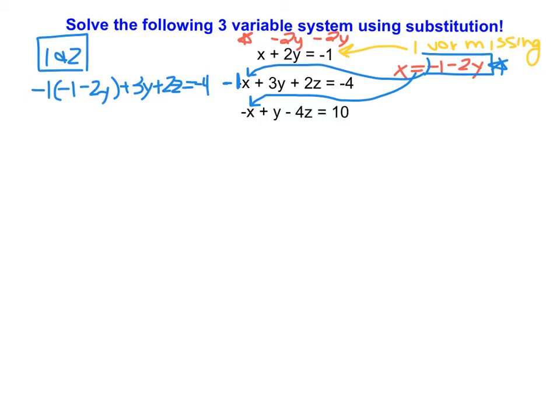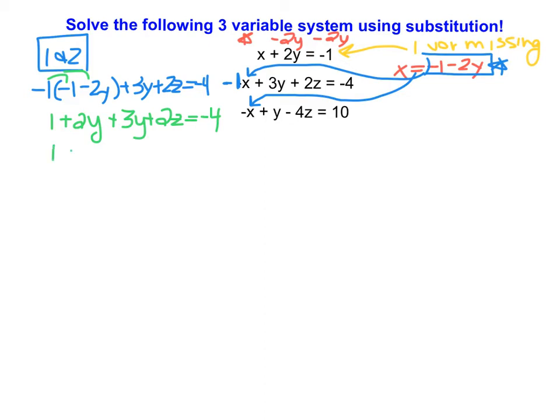I have now used substitution and created an equation that only contains two variables. So I'm going to simplify this here. So distribute. So I have 1 plus 2y, and then plus 3y plus 2z is equal to negative 4. Then I'm going to combine any like terms that I see.